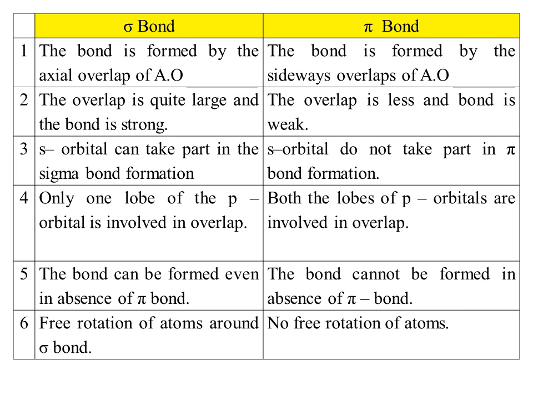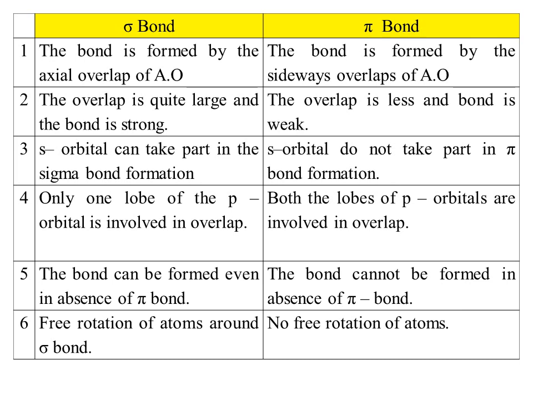S orbital can take part in sigma bond formation. S orbital does not take part in pi bond formation. Only one lobe of the p orbital is involved in overlapping. When you consider sp overlapping or pp overlapping, all the lobes are not involved in the sigma bond. Only one lobe of the p orbital will be involved in overlapping. When you consider the pi bond, both lobes of the p orbital are involved in the overlapping.